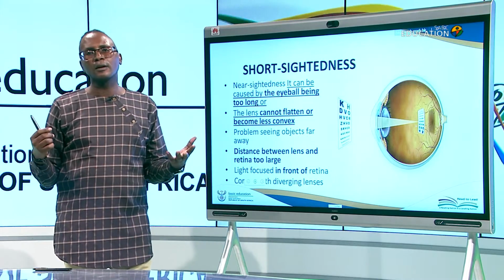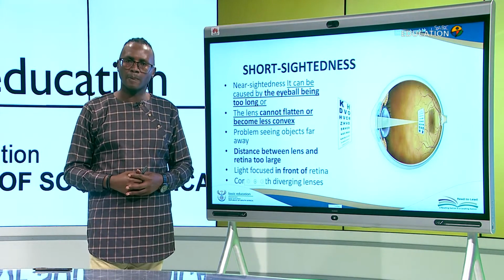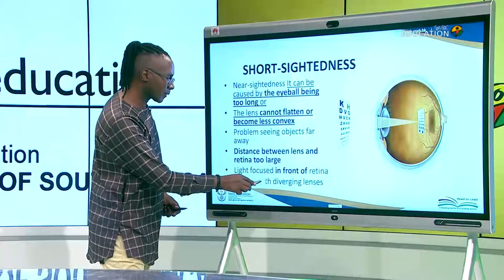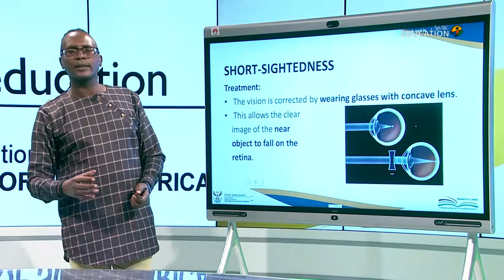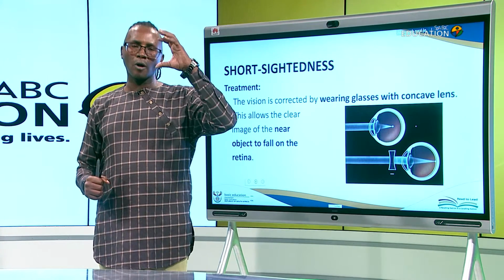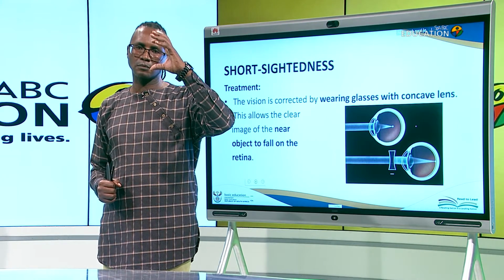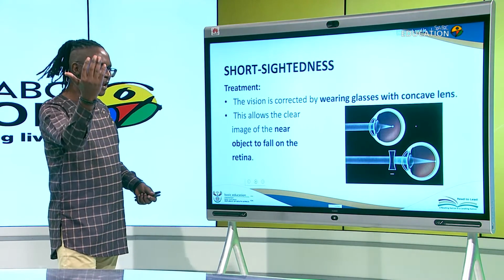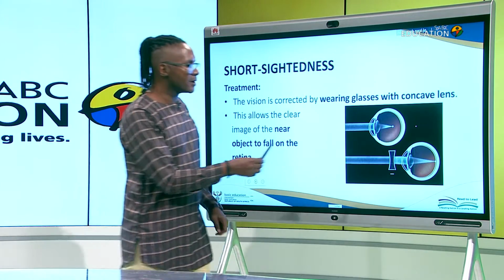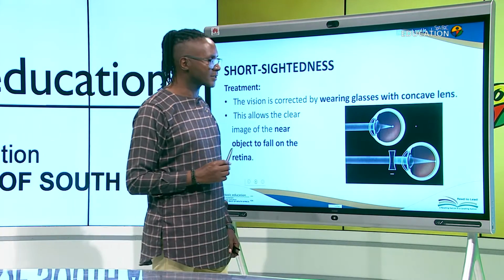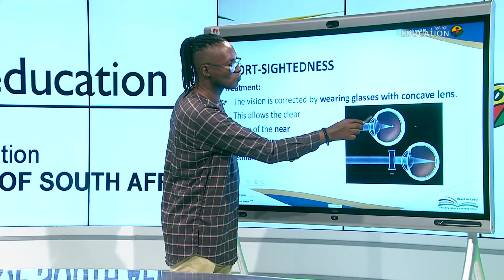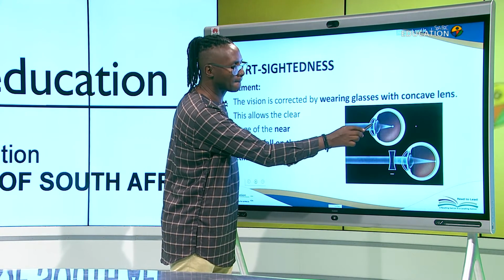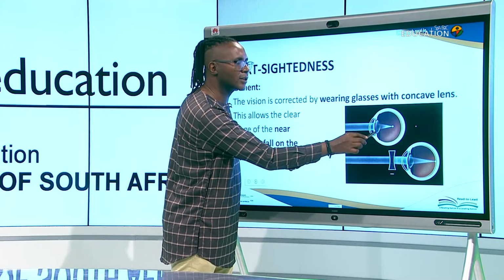So what can I do? I need to be given converging lenses. So lenses that I need to wear need to be concave. So that it brings the object nearer, so that the image should fall on the retina. Let's look at this diagram. Remember, it's convex, this shape of the cornea, convex, concave.